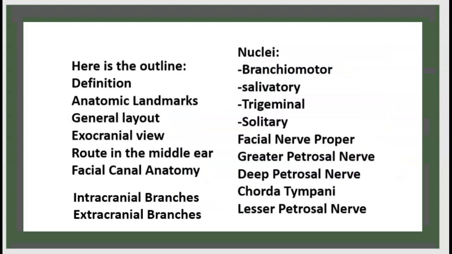Here's the outline. Definition, anatomic landmarks, general view, extracranial view, root in the middle ear, facial canal anatomy, intracranial branches, extracranial branches, nuclei: branchiomotor, salivatory, trigeminal, and solitary.